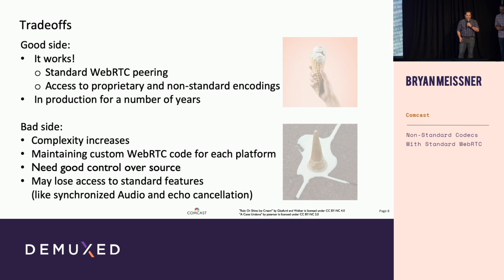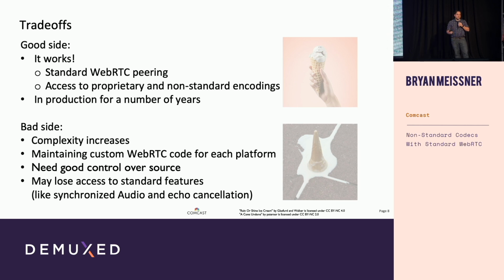All right, so let's take a quick step back and look at where we are. We're using standard WebRTC peering to try to get two devices talking on pretty much any network topology, but we now have access to proprietary and non-standard encodings, which is great. We did run this in production for a number of years, so we know that it can work. However, there are some downsides to this, and complexity is a big one.